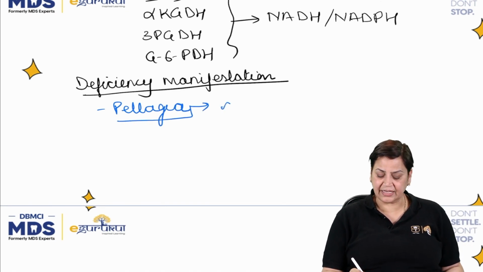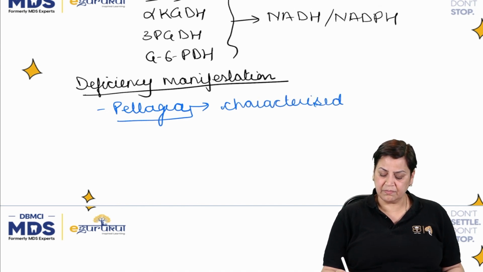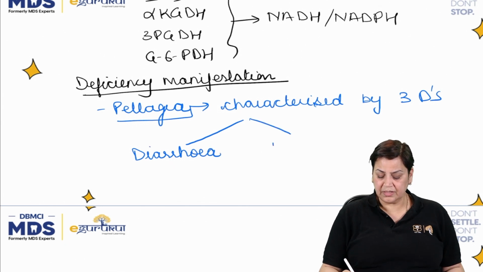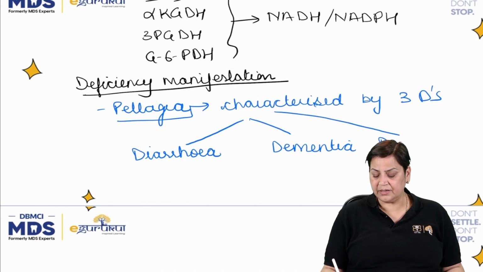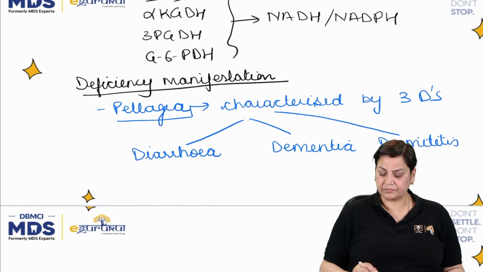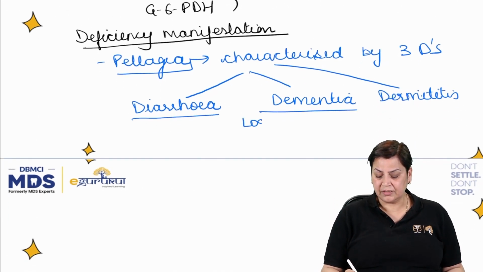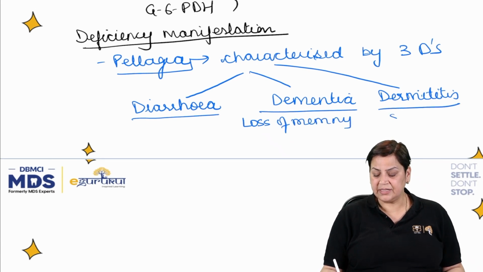Pellagra is characterized by 3 Ds, which are diarrhea, dementia, and dermatitis. Diarrhea, dementia, loss of memory, and dermatitis, skin.